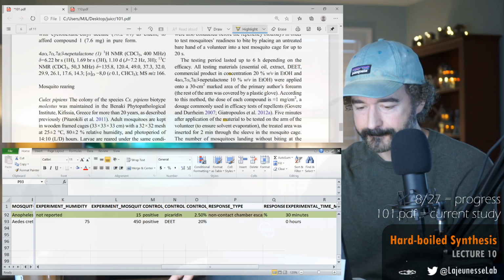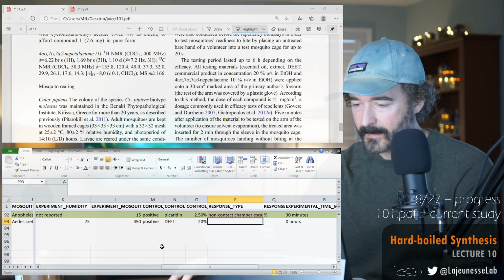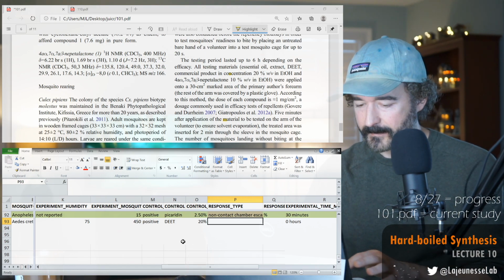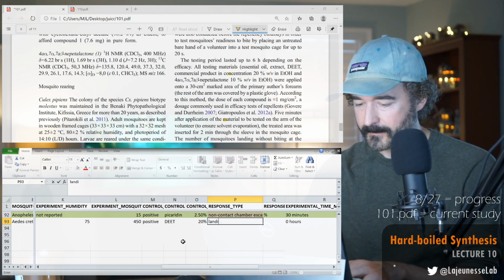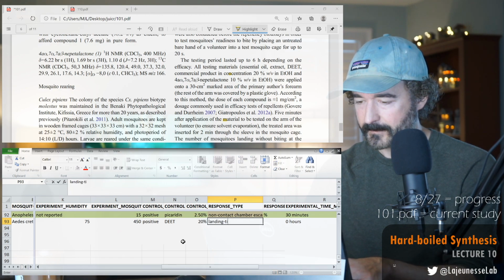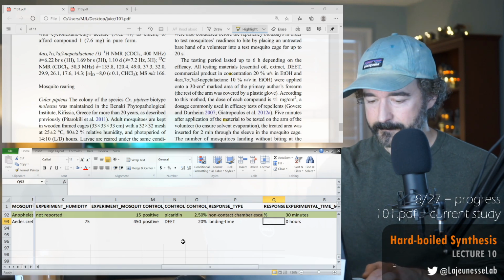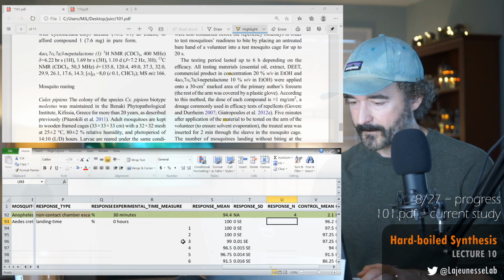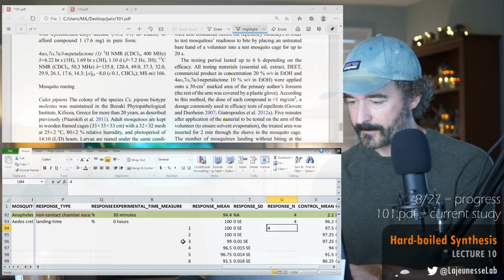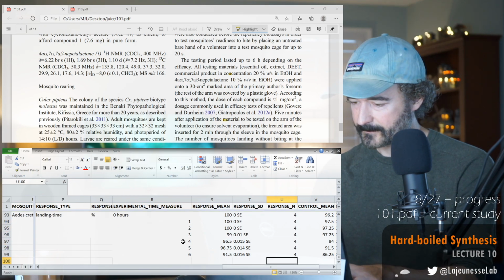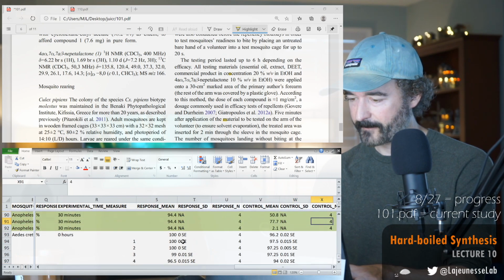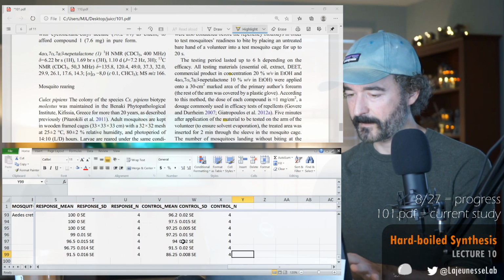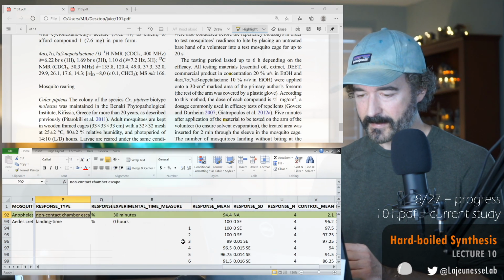All right. So these are all 4s. They're averages of 4 replicates. Again, replication is super low with these studies.